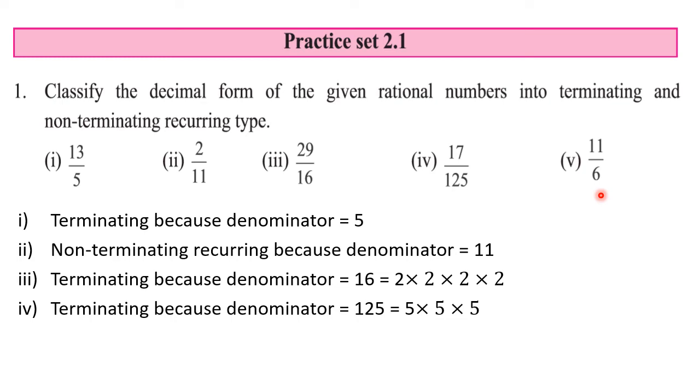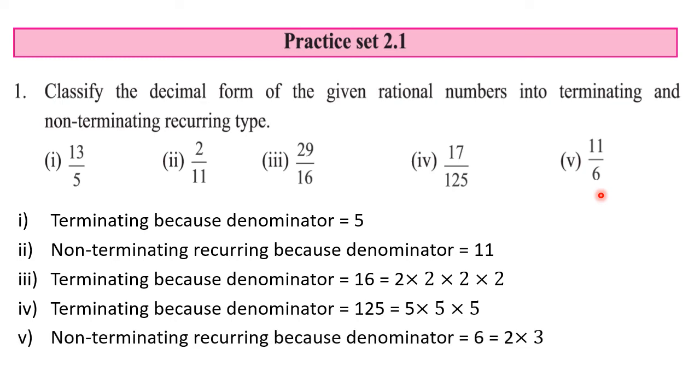Yes, it is non-terminating. Why? Because the factors of 6 are 2 into 3. 3 is not allowed. Okay, either we should have 2, we should have 5, or we should have 2 or 5. Okay, so only 2 factors are permitted here. They are what? 2 and 5. Other than 2 and 5, if they are appearing, then it is non-terminating one.